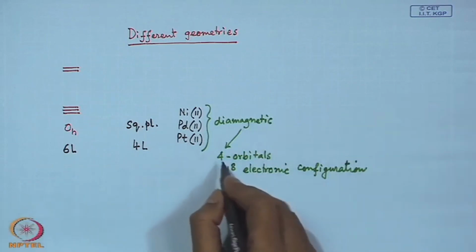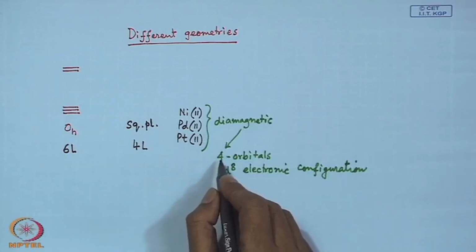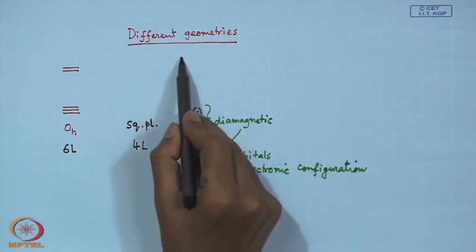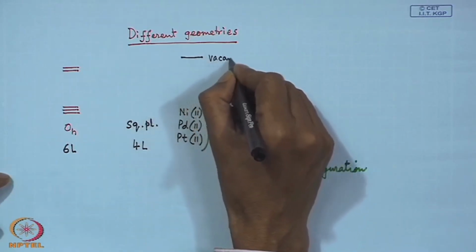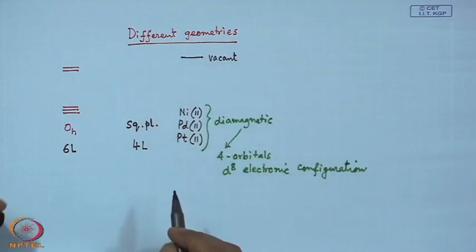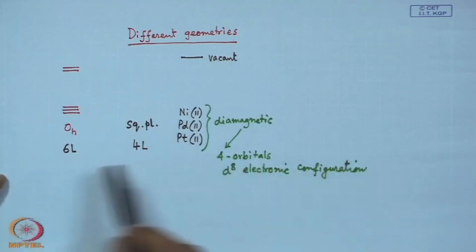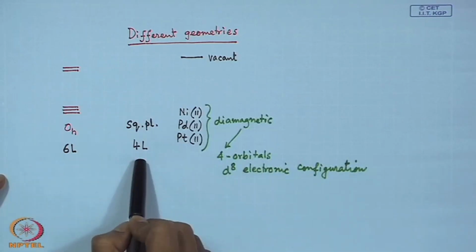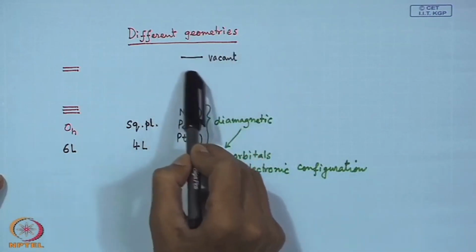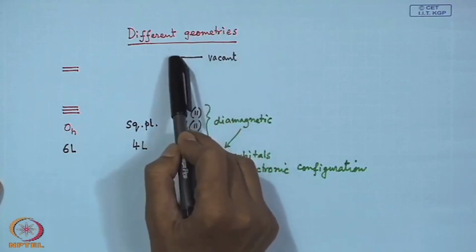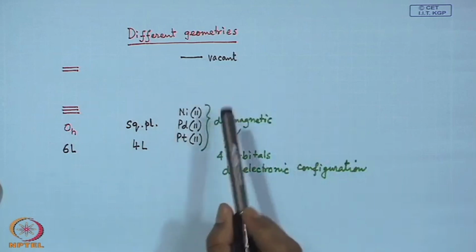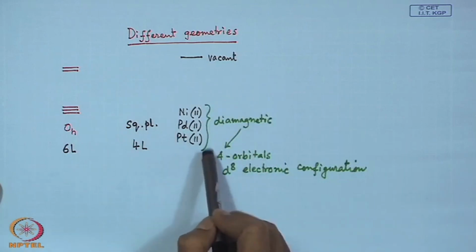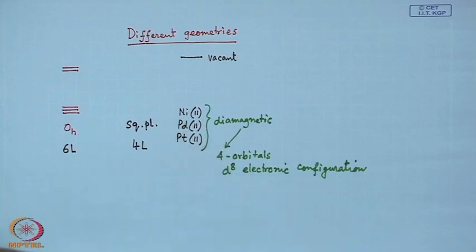So these 8 electrons will remain paired within the 4 orbitals, and one of the orbitals will be vacant. So all these properties and reactivities will change as we move from one particular environment to the other, and this particular vacant orbital is most important and most interesting, and it can play an important role in the corresponding compounds of nickel, palladium and platinum.